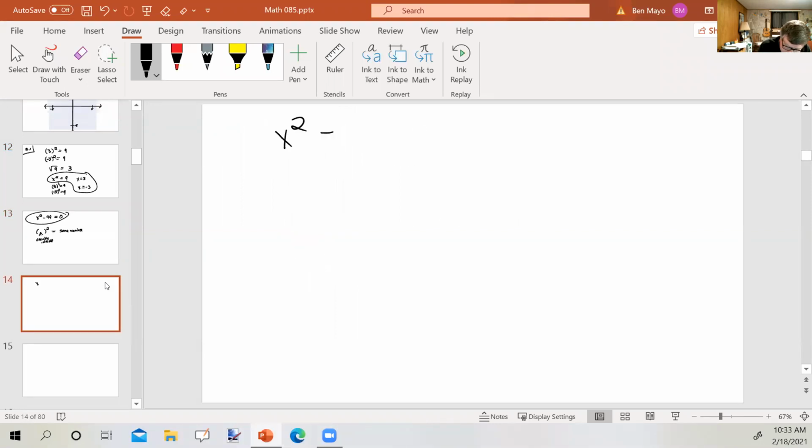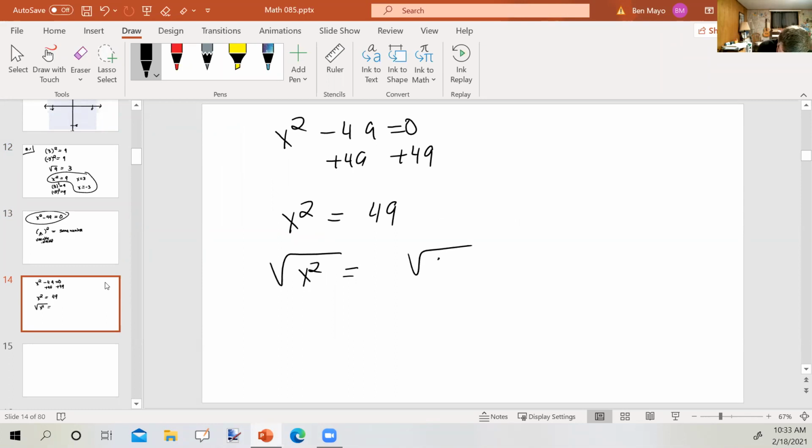Okay, so let's put this equation in that form. If I take x squared minus 49 equals 0, and I add 49 to both sides of the equation, I get this. On the left side, I have a square that contains a variable, and on the right side, I have a number, a constant. What we're going to do now is take the square root of both sides of the equation. The square root of x squared is x.